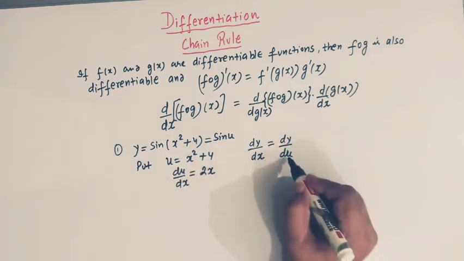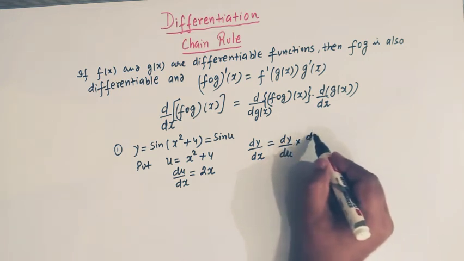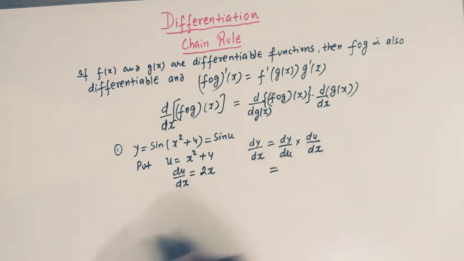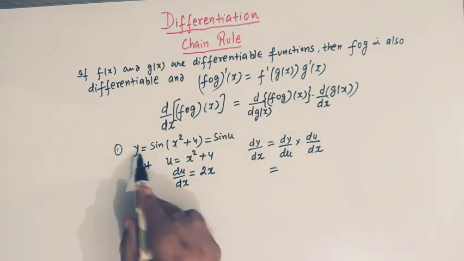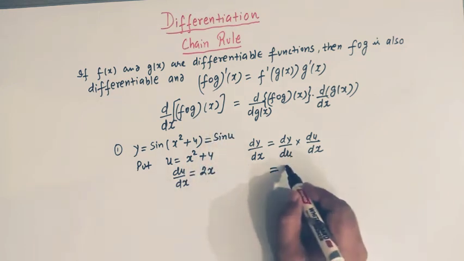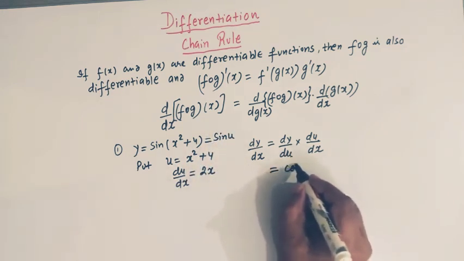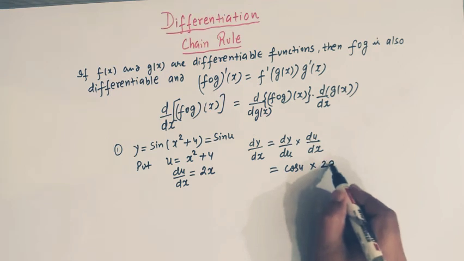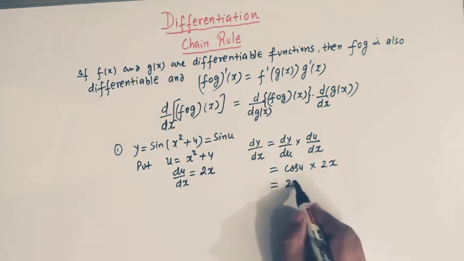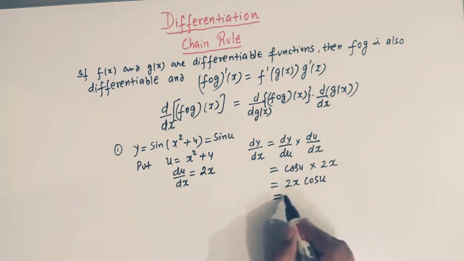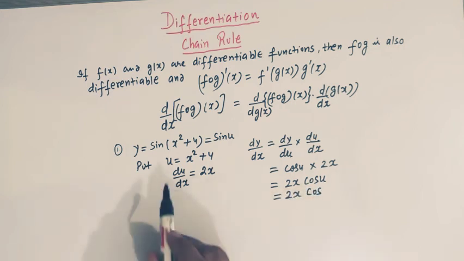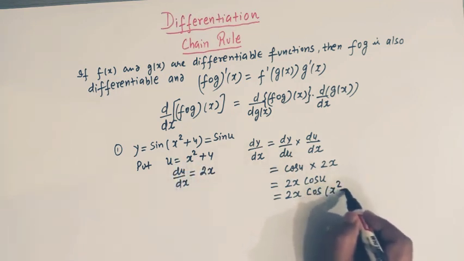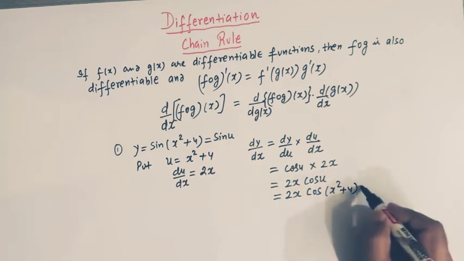So the derivative of sin u is cos u, and the derivative of u with respect to x is 2x. So we have 2x cos u, and this is equal to 2x cos, again we'll resubstitute the value of u, that is x² + 4.